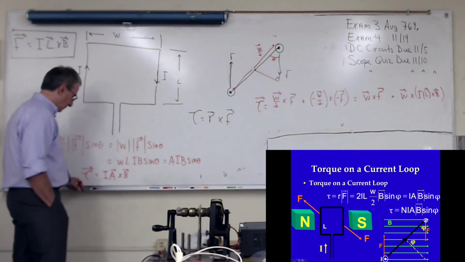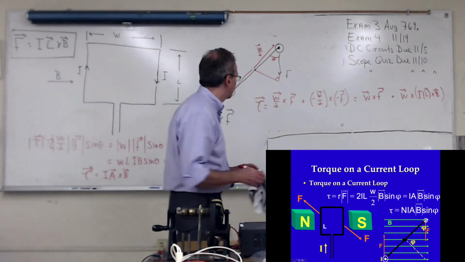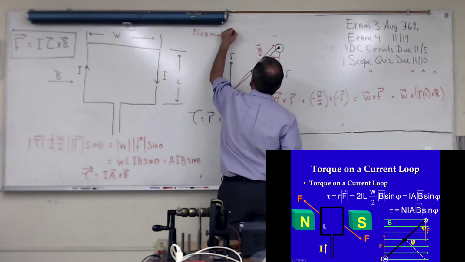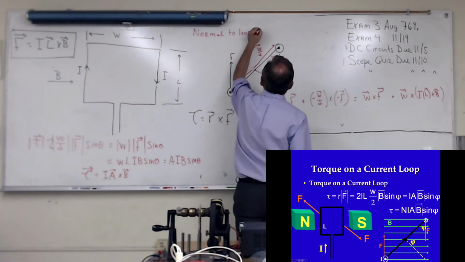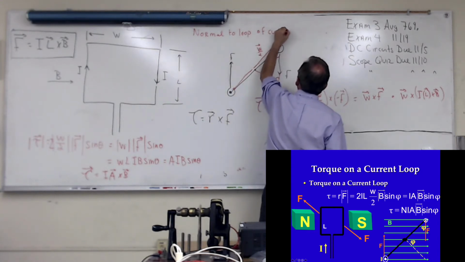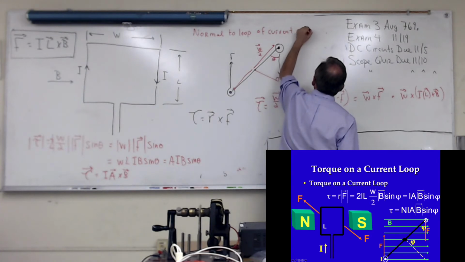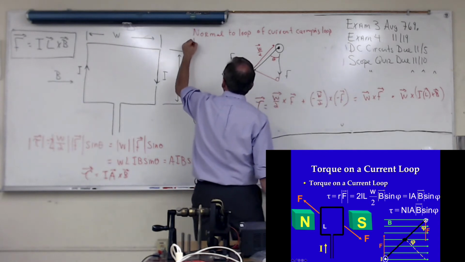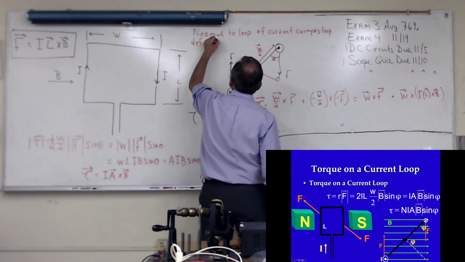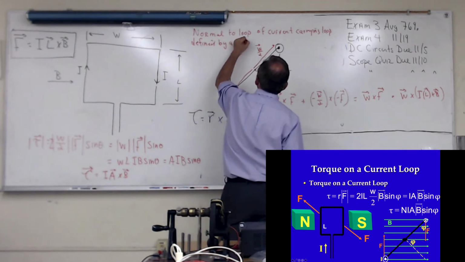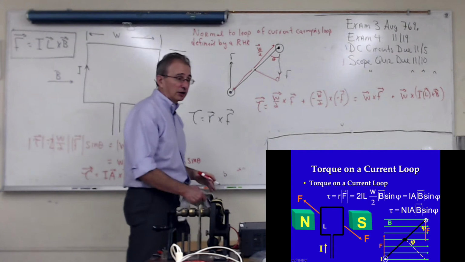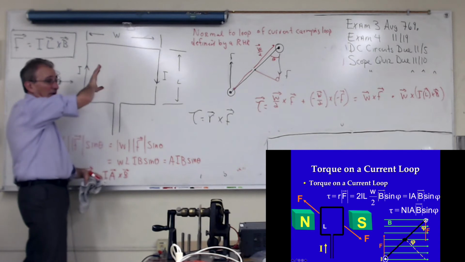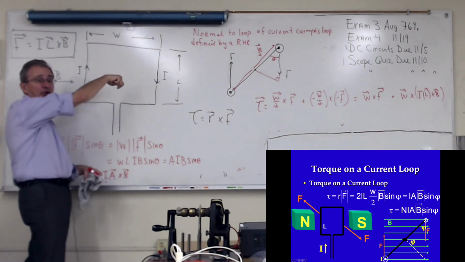Okay? So the normal to the loop of current carrying wire is defined by a right-hand rule. We'll go with that. So you curl your fingers in the direction of the current. So I'm going to curl my fingers clockwise. My thumb points into the board.